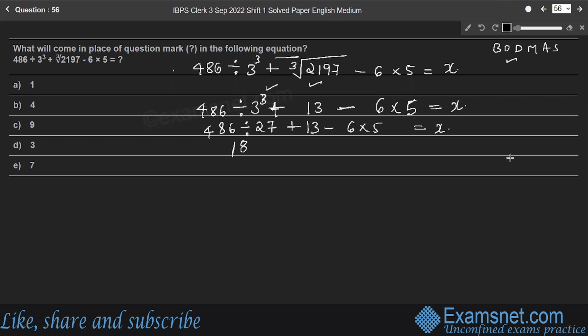So 18 is the answer, plus 13. So you can go for even multiplication part also. Minus 30 is equal to x. So next is addition. So 31 minus 30 is equal to x. Therefore, x is equal to 1. Therefore, option A is the right answer.